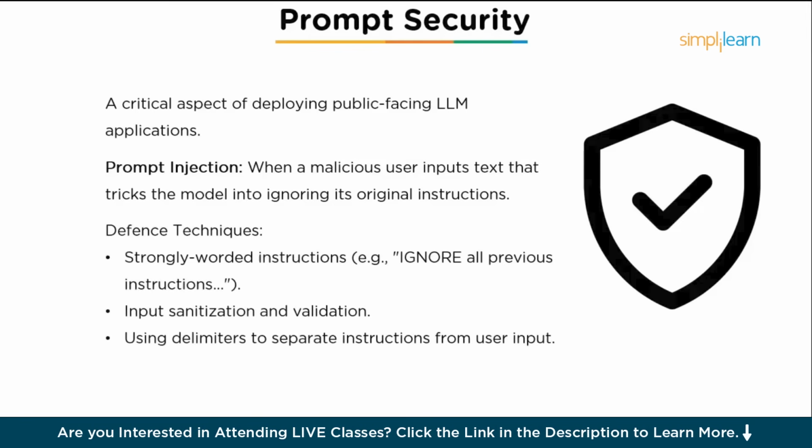To defend against this, effective techniques include using strong guarded instructions within your system prompt, such as ignore all previous instructions, as well as robust input sanitization and validation to filter out harmful input, and crucially using delimiters to clearly separate your instructions from the user's input, creating a boundary that the model is less likely to breach.